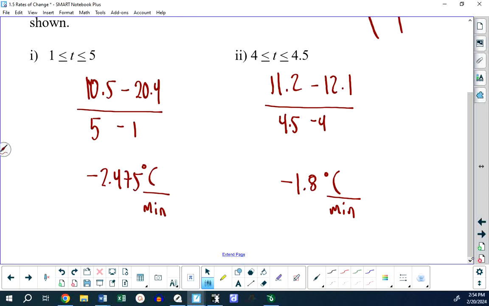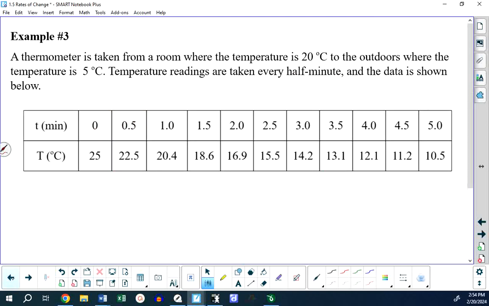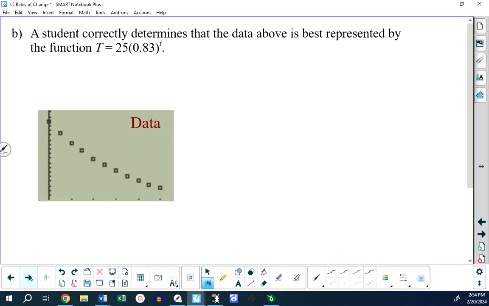Well, if you were to put this data into your calculator, you would discover when you plot it, it looks like that. It's not linear, okay? But you would use all of your vast knowledge of math and say, that's exponential.